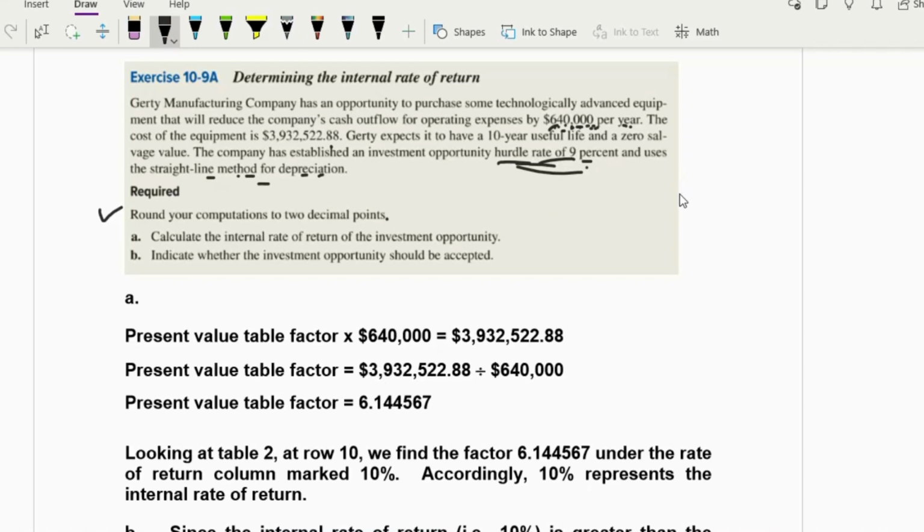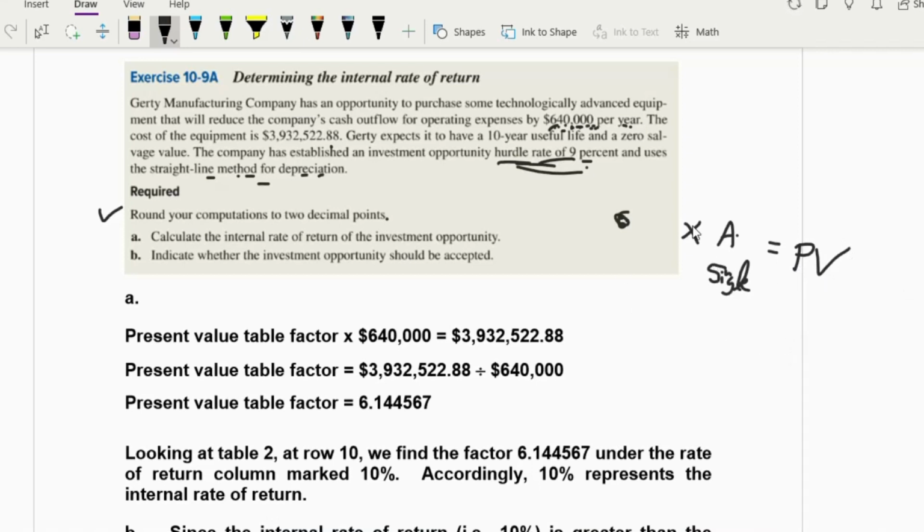In all the previous questions, what we were doing, every year return, whatever we expect, or you can say every year net cash flow, we were multiplying it with the factor. The factor was either the annuity factor, or the single value present value factor, and then we were getting the present value for our investment.